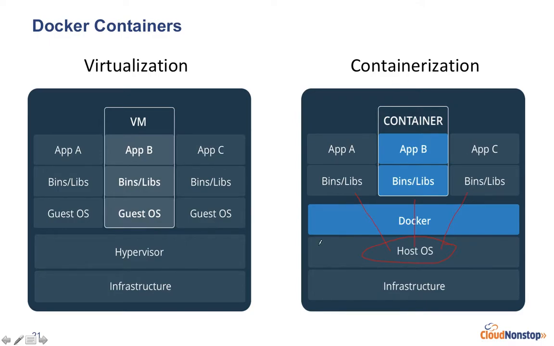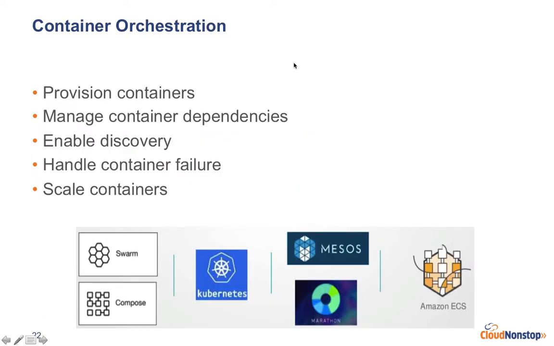So it's more efficient in terms of deployment as well as packaging, so that when it comes to packaging up your application, you simply have to worry about the application and the accompanying binaries and libraries. And you don't have to worry about bundling the operating system along with the application. So it makes packaging of the application a lot simpler. So that's a major difference between containers and VMs.